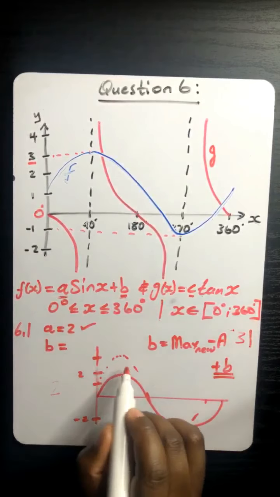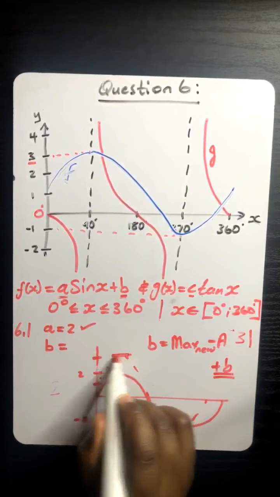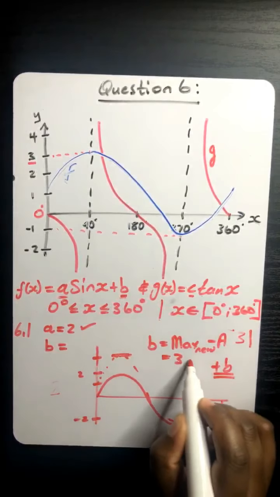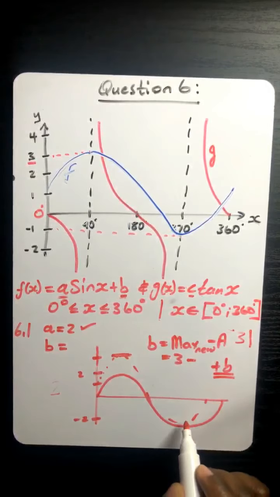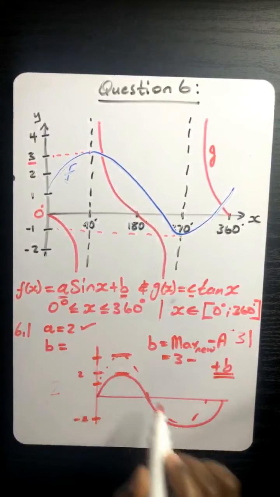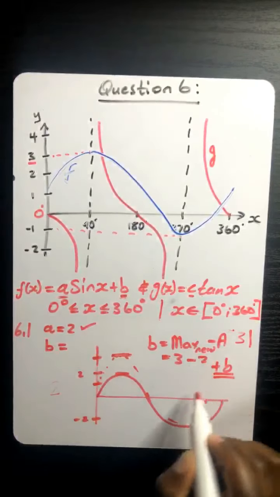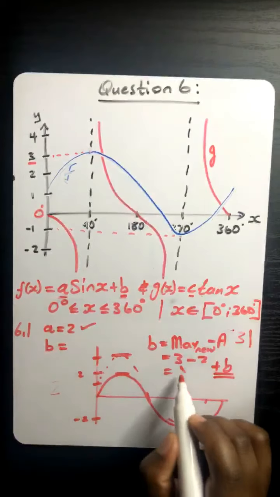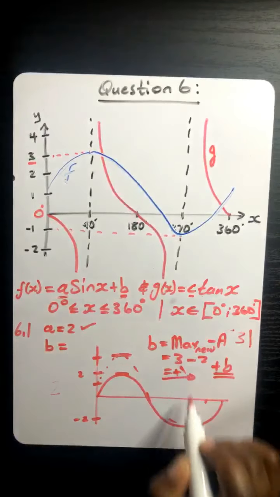So this is the new max, which is equal to 3, minus the amplitude. Is it not a 2? So you subtract 2, then it's 1, which means it has shifted by 1 unit upwards.